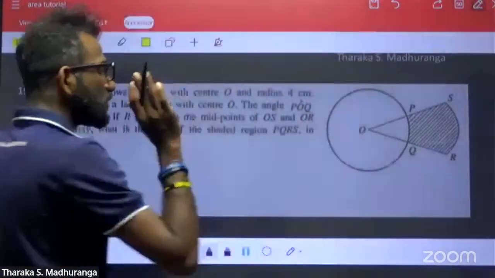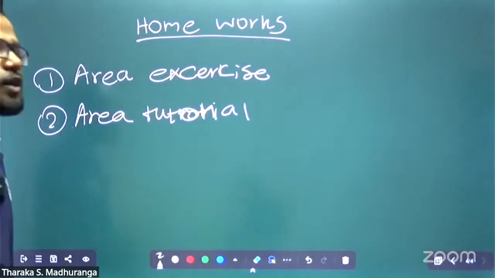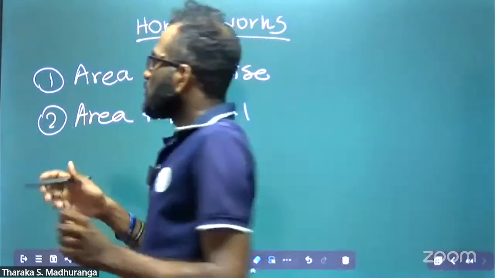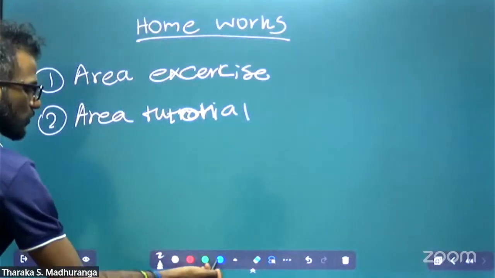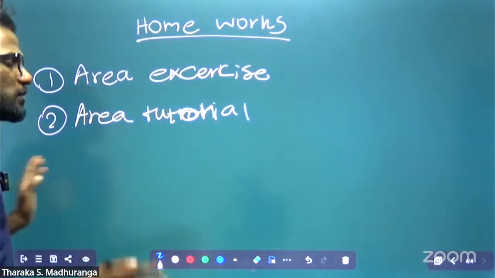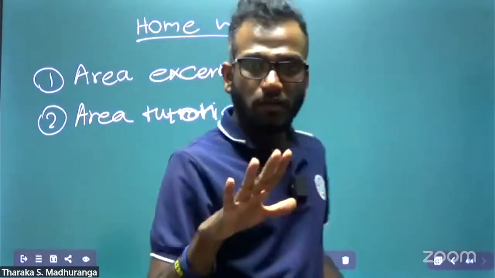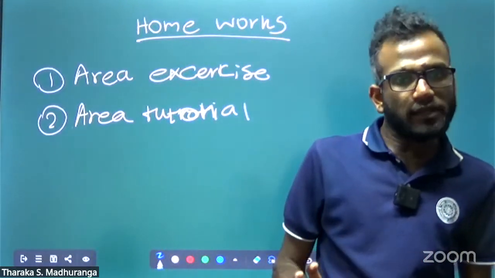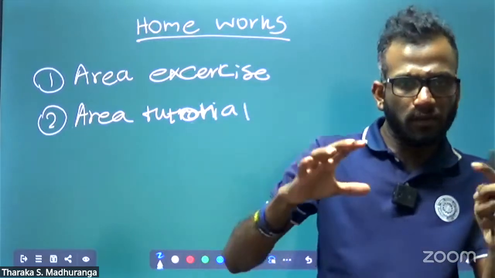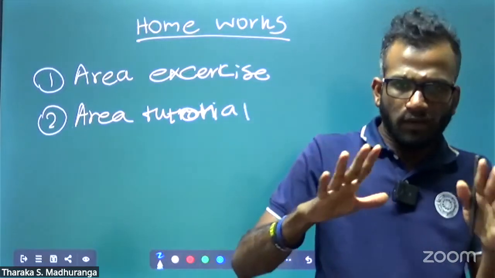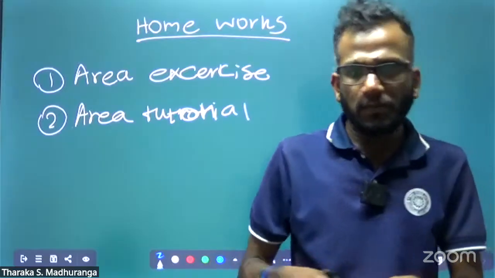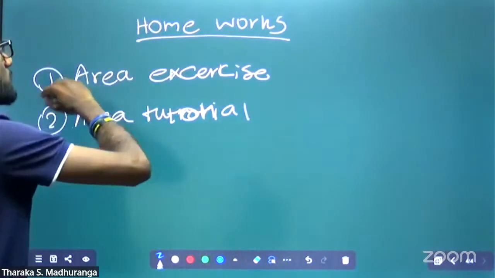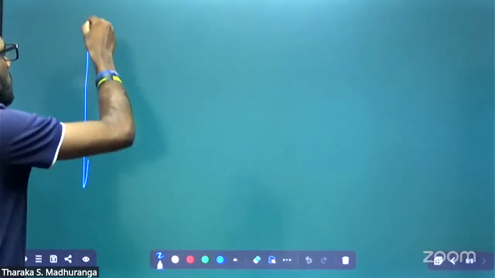And the final work, you have to prepare a short note for the area part. Short note means you only need to draw. You can make it in an attractive way. Take a Bristol board or A3 paper or any large paper.